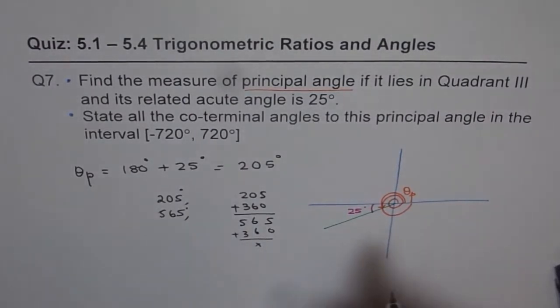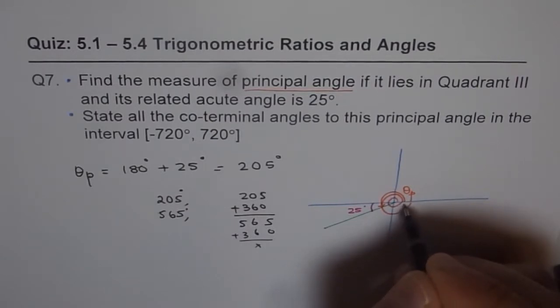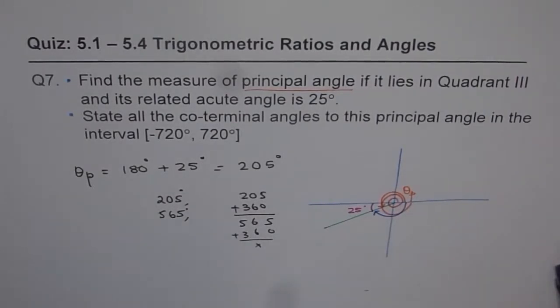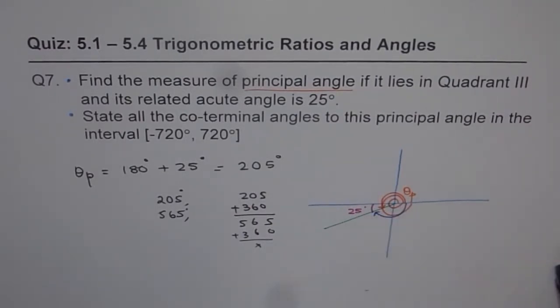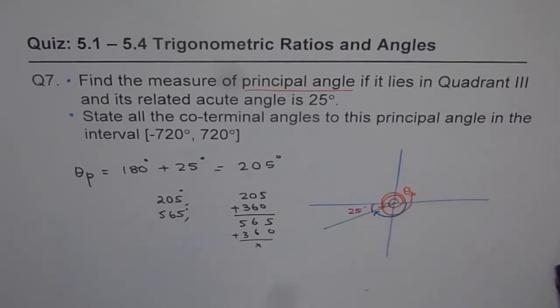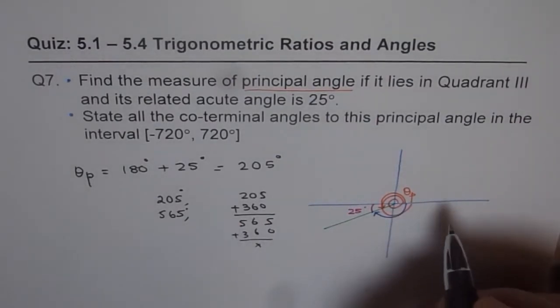But the other values could be found by going in the clockwise direction. Coterminal angles can be found going in either direction. So we take away 360 degrees, and whenever you are measuring in this direction, it is negative. So we do 205 minus 360 degrees.